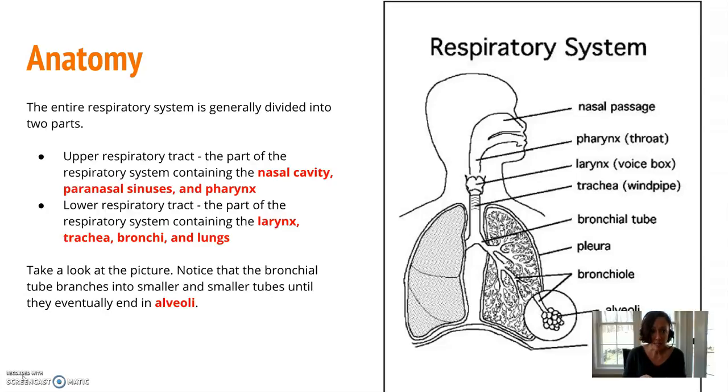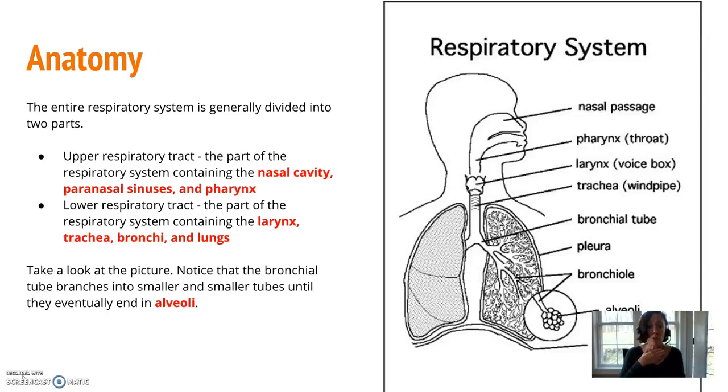So the anatomy is the first thing we want to look at. So I'm going to go through this quickly. You can always pause and come back and look again. And then we're going to talk about the functions of each part. The entire respiratory system is divided into 2 parts. You've got the upper respiratory system and the lower respiratory system. The upper is your nasal cavity, your paranasal sinuses, and your pharynx, which is your throat.